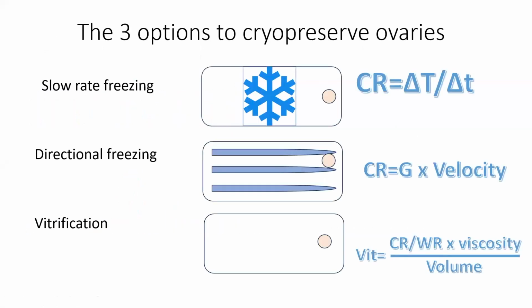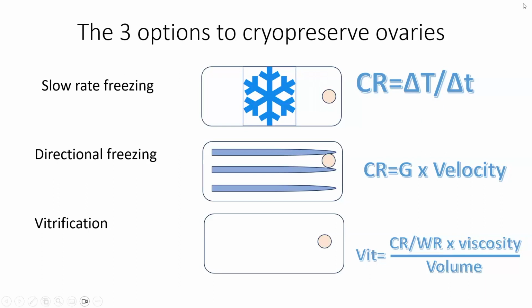And the three options to cryopreserve ovaries, slices or whole ovary, are the slow rate freezing, where we do not control very much the morphology of the ice, but we do control the cooling rate by changing temperature in a time unit. Directional freezing, however, we control a cooling rate by changing the velocity and temperature gradient.